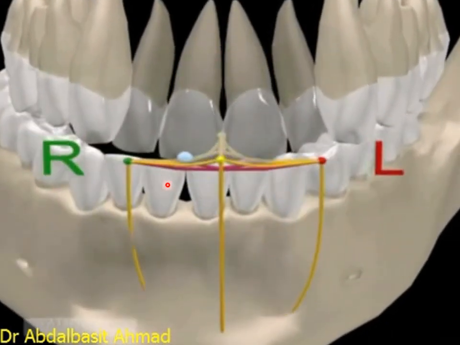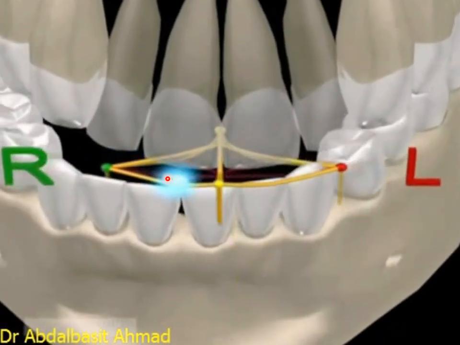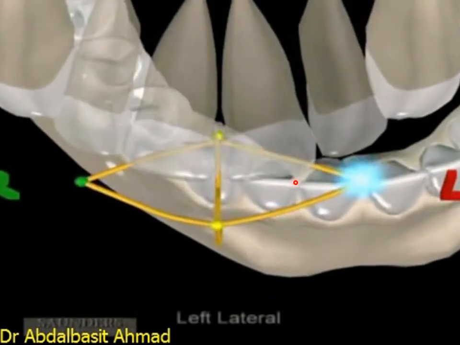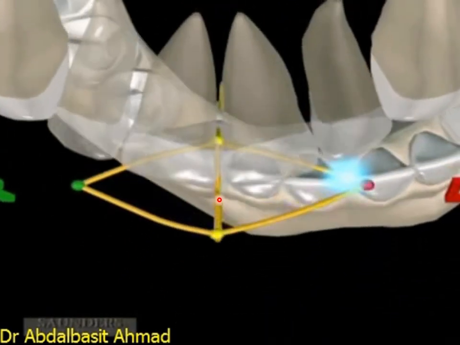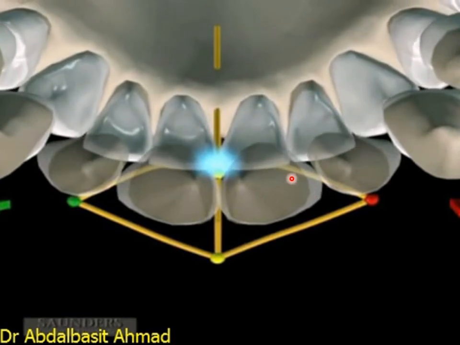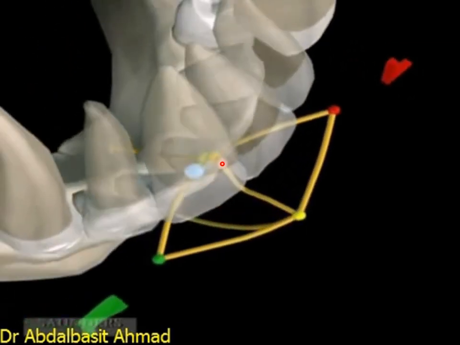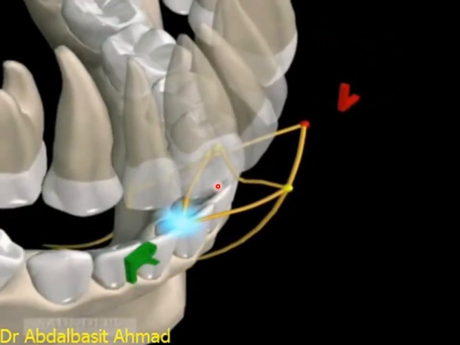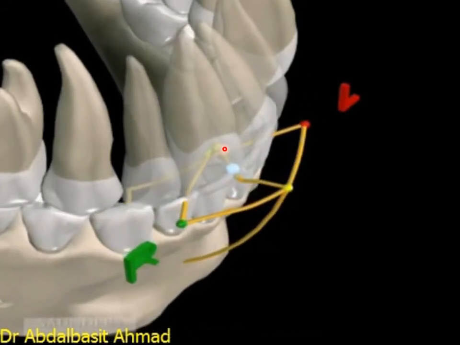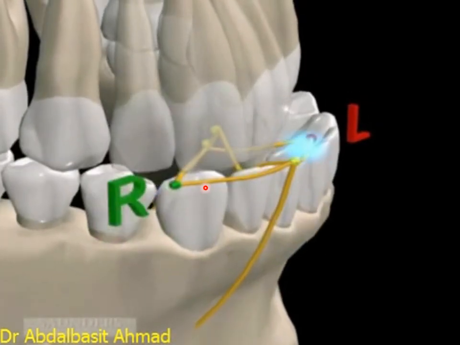From the horizontal view, we can see the right lateral movement, the protrusive movement, the mandible moves anteriorly, the left lateral movement, and return back to the centric relation of occlusion, and then to the centric occlusion or maximum intercuspation. This is from the horizontal view.